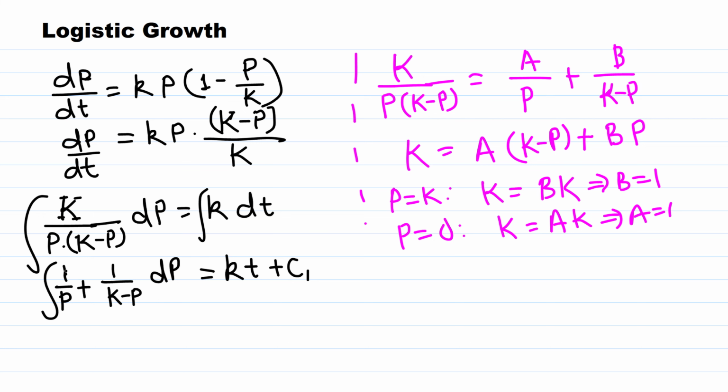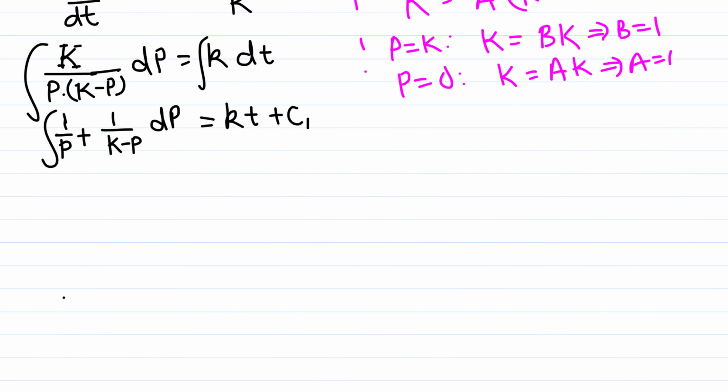Now the antiderivative of 1 over P is just natural log of P. And P is population, positive, so we don't put absolute value, plus this is also positive, natural log of K minus P equals kt plus c1. Okay, here's a mistake.